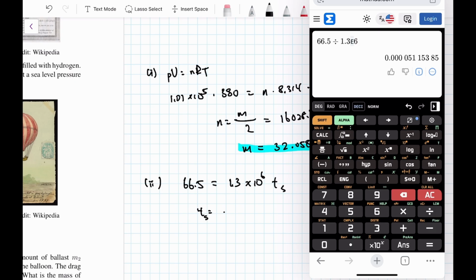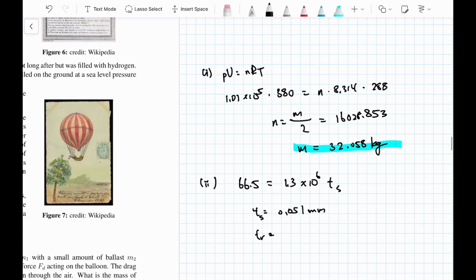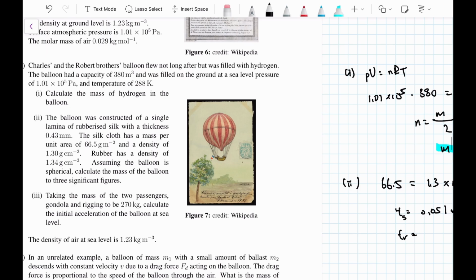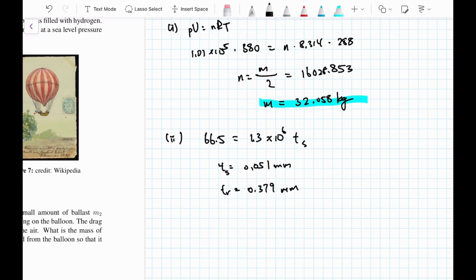So that is like 0.051 millimeters, and so therefore the thickness of the rubber should be equal to this minus that, which is around 0.379 millimeters.